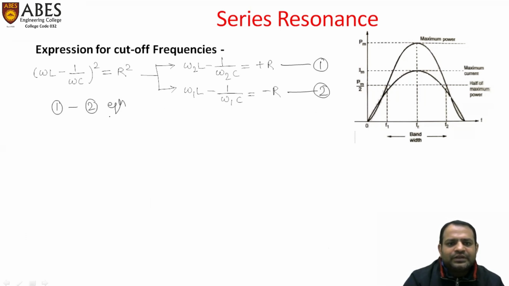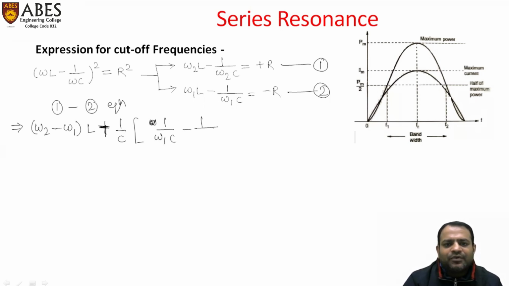We get the expression omega 2 minus omega 1 into L, minus, taking 1 upon C common and the minus sign, 1 upon omega 1 plus 1 upon omega 2, which is equal to twice of R.